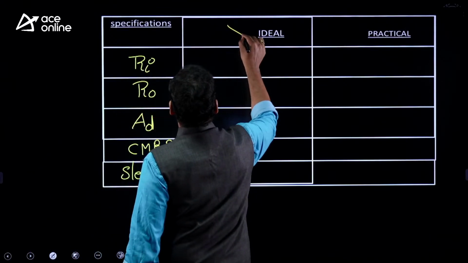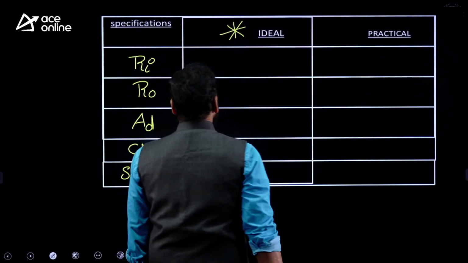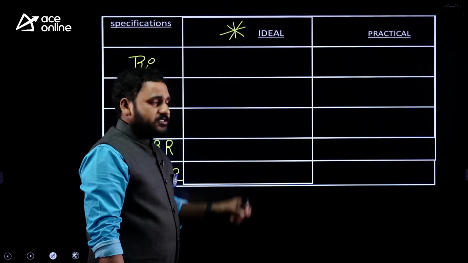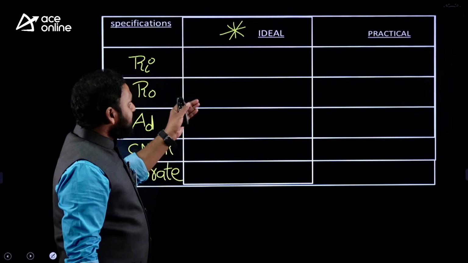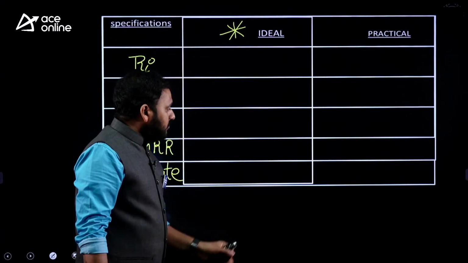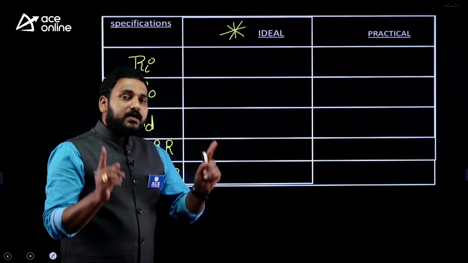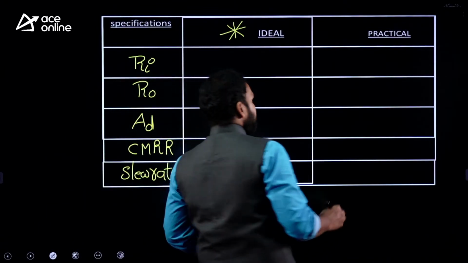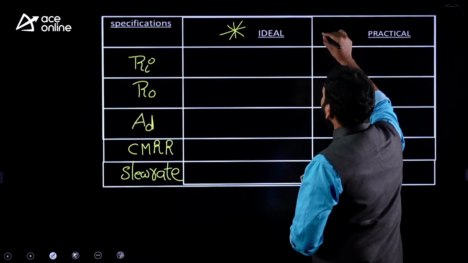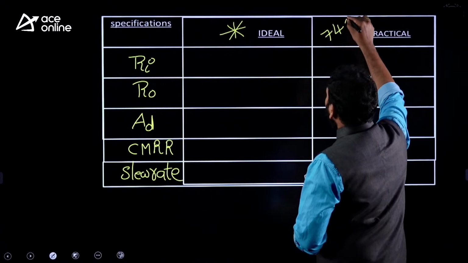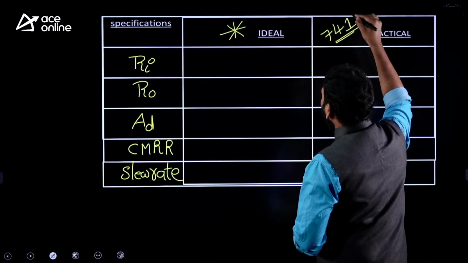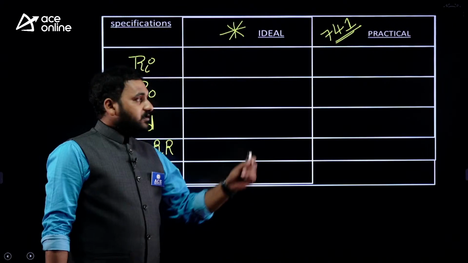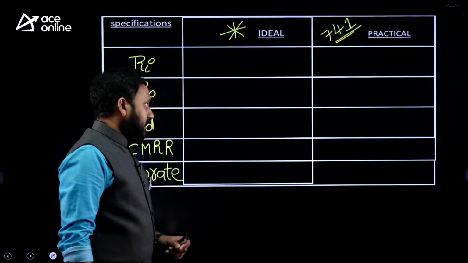Under ideal conditions, the input impedance of op-amp is very high. I already told you, my dear friends, ideal specifications are very important, and irrespective of the op-amp, the ideal specifications are valid. Whatever I am going to write on the board under ideal conditions is valid for any op-amp. But the practical values I write are valid for the 741 IC operational amplifier fabricated using transistors.